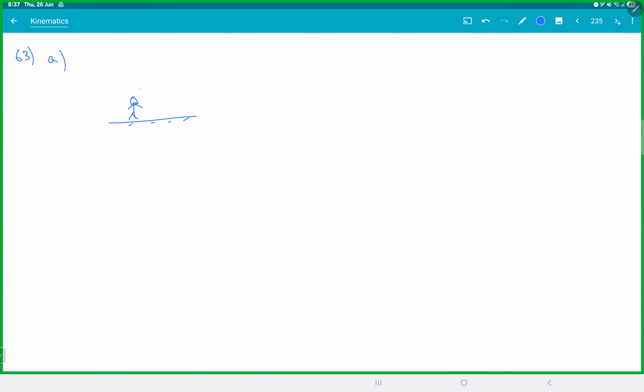Let's say we have a man. This guy is going with 10 meters per second. Here the rain is falling at an angle of 30 degrees, and this is the velocity of the rain with respect to the ground, which is also 10 meters per second.